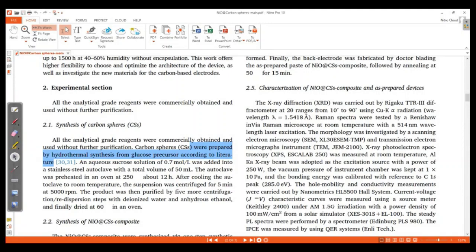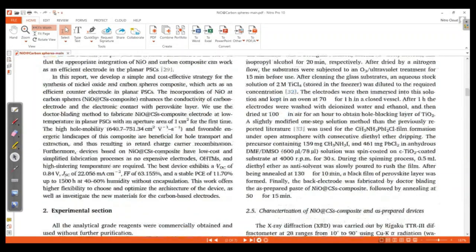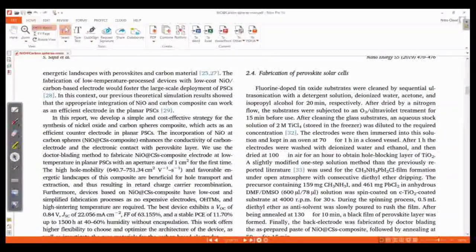In the experimental section, as we have seen, scientific articles are reproducible. These two articles were published before and we reproduced their method, and we got almost similar results as the carbon spheres prepared in these two articles as well as in our experiment. So we have seen that yes, they are reproducible. That is the important factor of research articles.